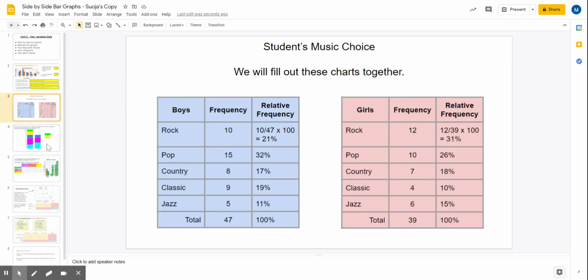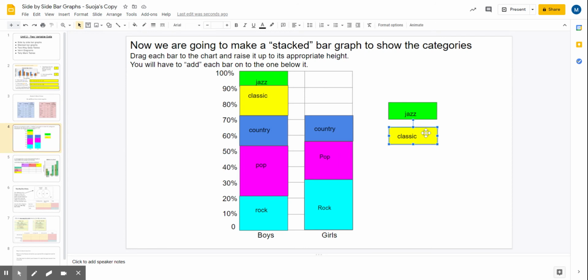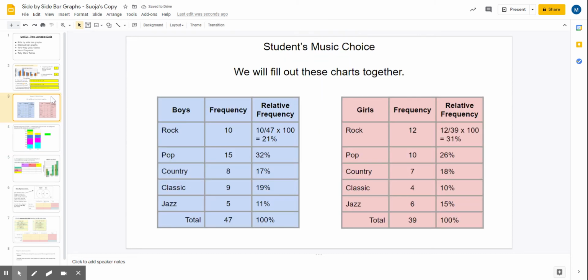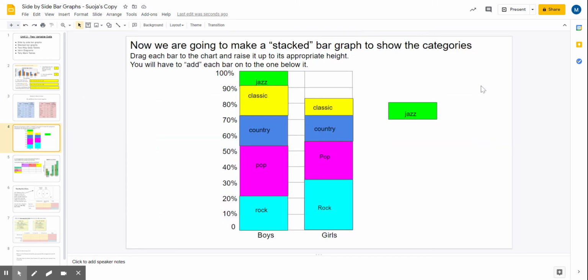Classic is 10%. Okay, I feel like these bars just naturally are spaced about 10%. Okay, and jazz should be 15%. Let's see if we did this one better. So this is about 15%. That looks better, right? That's about correct.